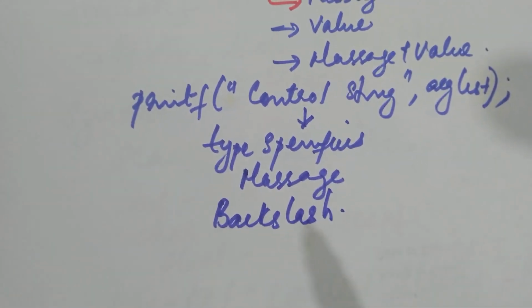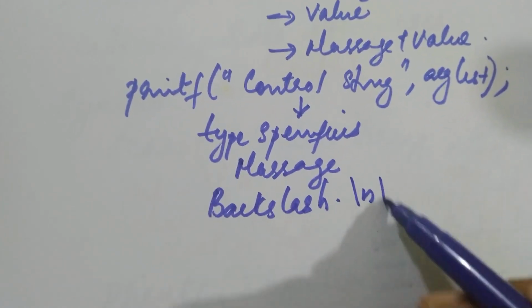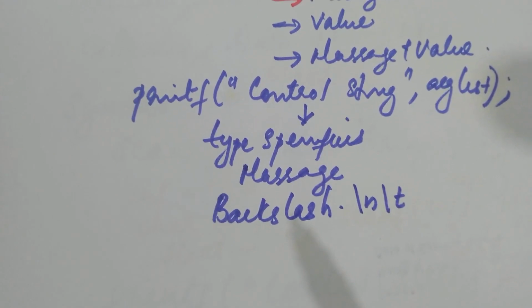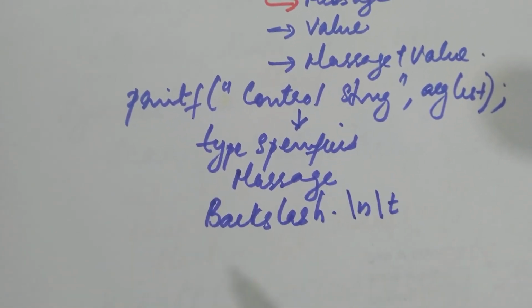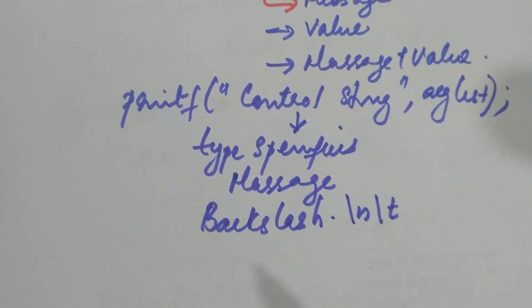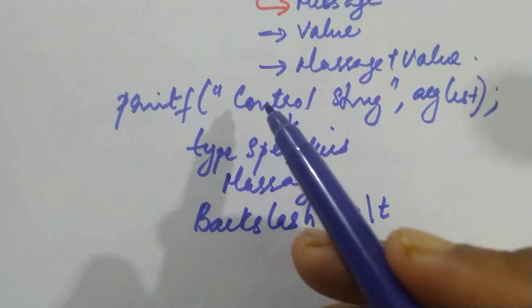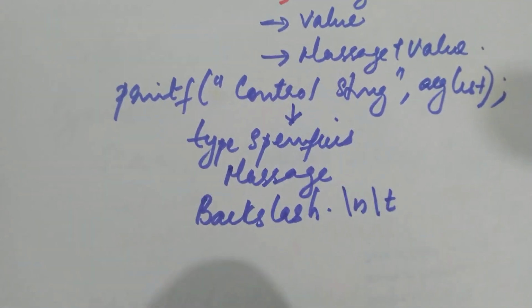We already talked about the backslash character constants, that is \n, \t, etc., which are mainly used for formatting, that is, for making the output more beautiful. So the control string of a printf statement may contain all these things.